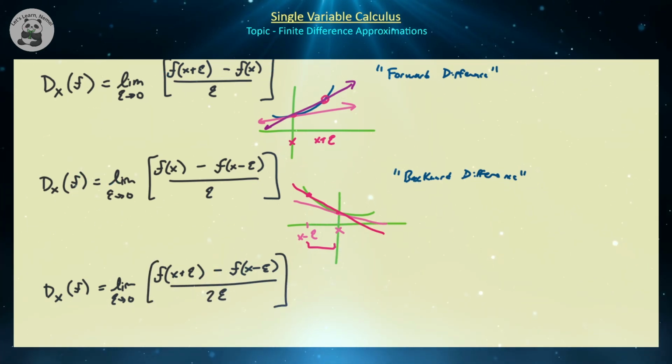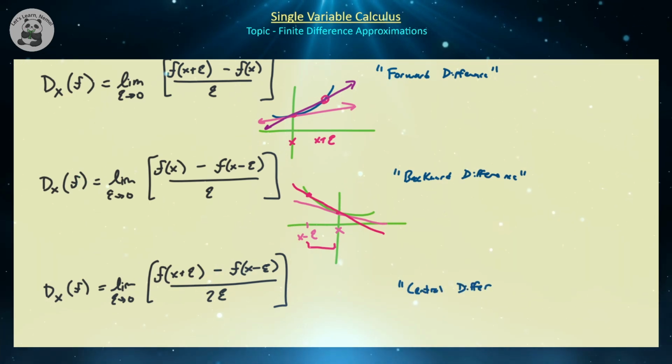So you actually don't need to know what's going on at x in order to find the central difference value. You just look in the future, look in the past, and then find the average of how those two are changing, and that's what we refer to as the central difference.